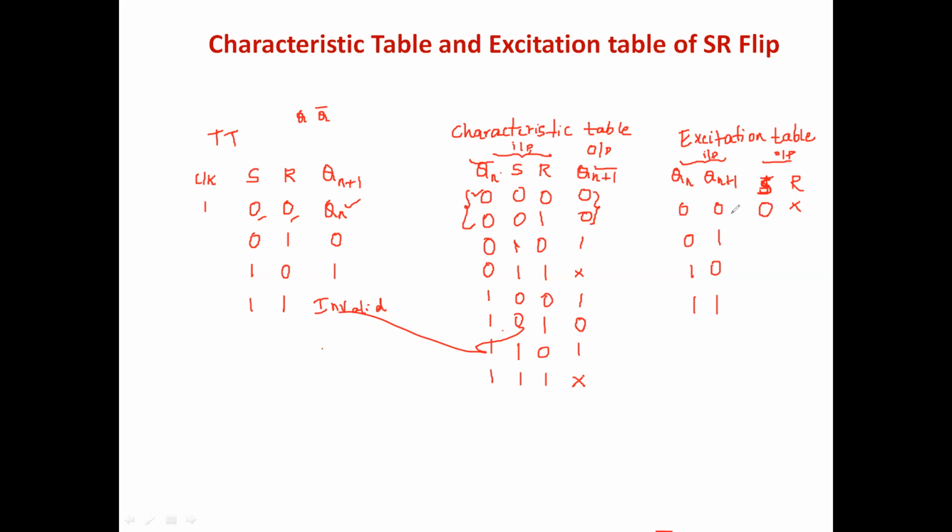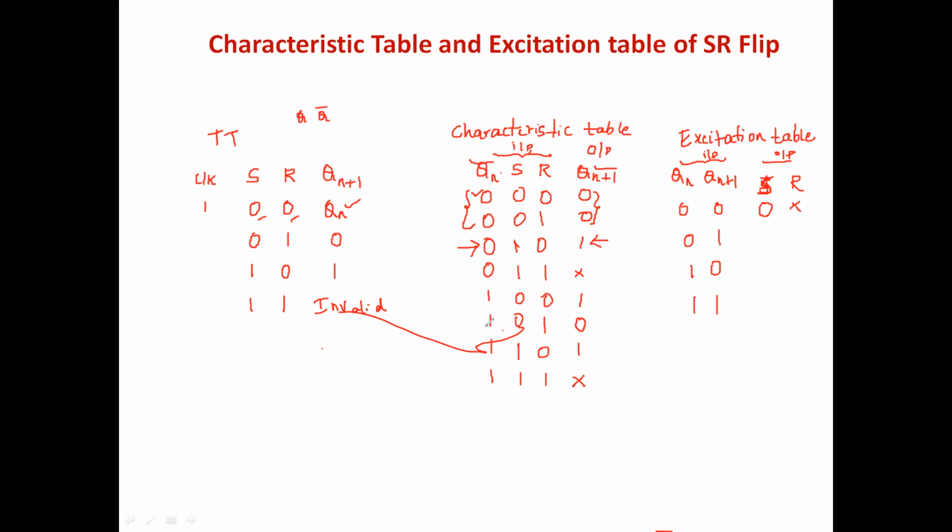Next combination I'll take 0 and 1. Qn is equal to 0, Qn plus 1 is 1. So just check the combination. See here, Qn is equal to 0, Qn plus 1 is 1. For this combination, is there any other condition with 0 and 1?